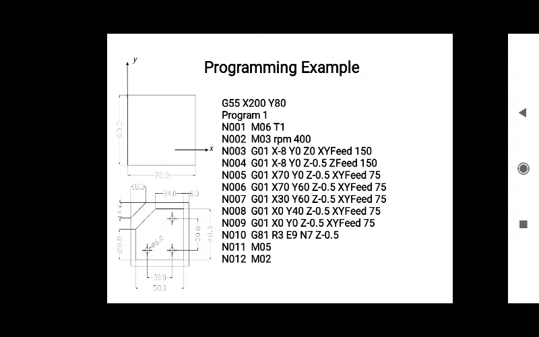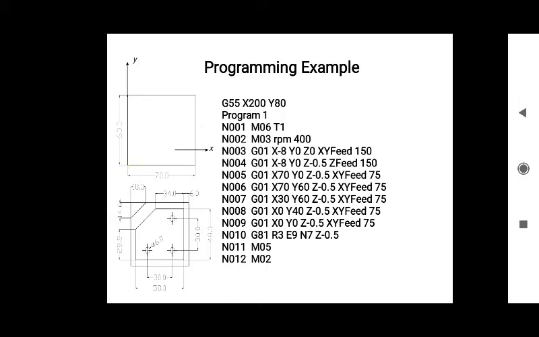As you can see, in the first line, we have selected the work coordinate offset. That means we are setting the datum at the lower left corner of the workpiece.